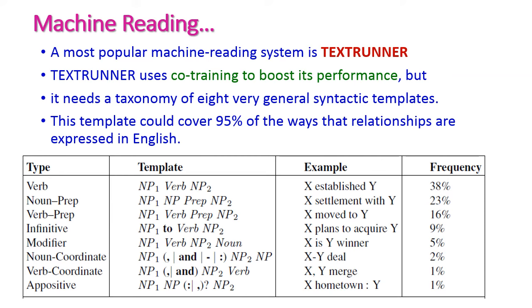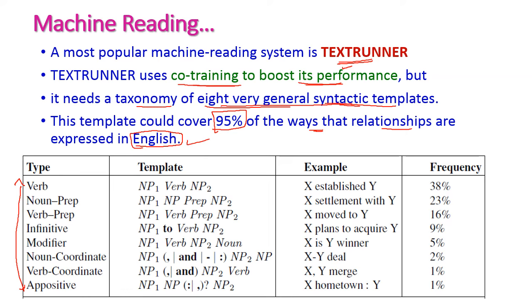The most popular machine reading system is TextRunner. TextRunner uses co-training to boost its performance, but this needs a taxonomy of 8 very general syntactic templates. The 8 syntactic templates are given here in this example, and these templates could cover 95% of the ways that relationships are expressed in English.